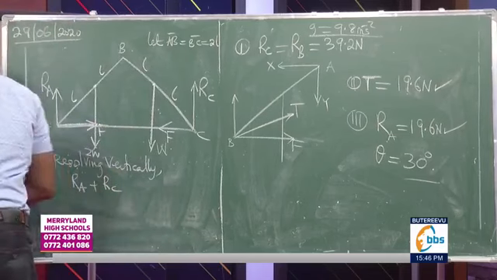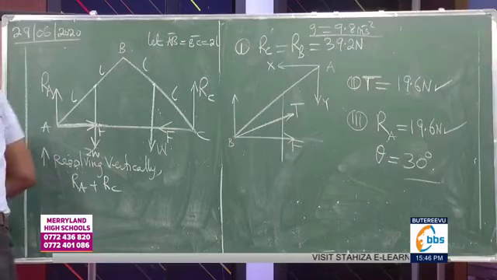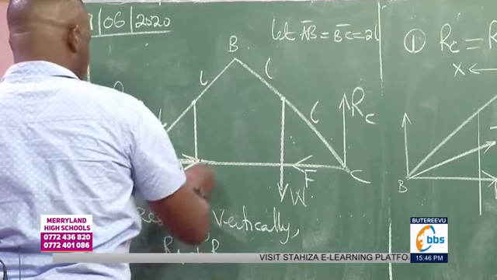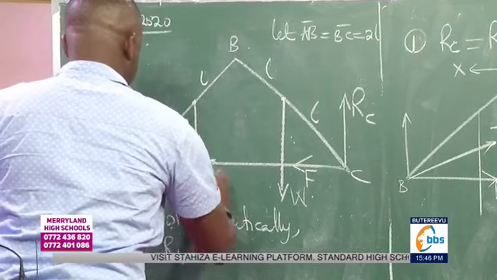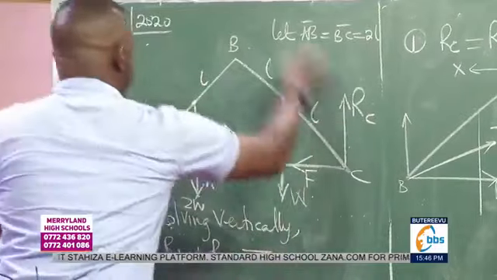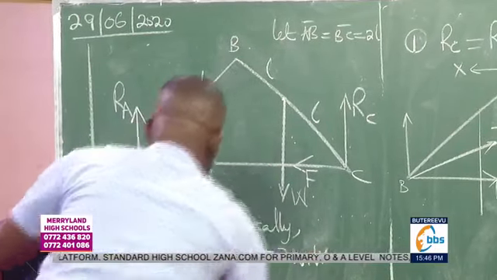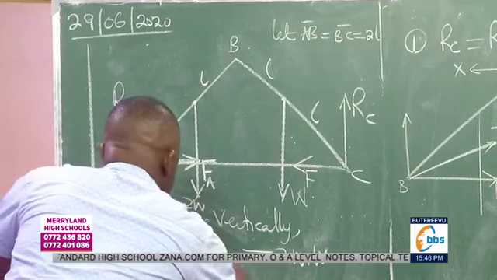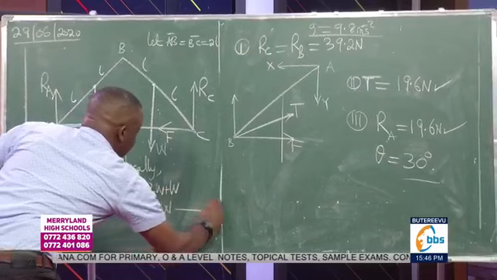I can call it FA, but we are interested mostly in the reactions. In equilibrium, the upward forces should be equal to 2W plus W, implying that RA plus RC is equal to 3W. We can call this equation 1.